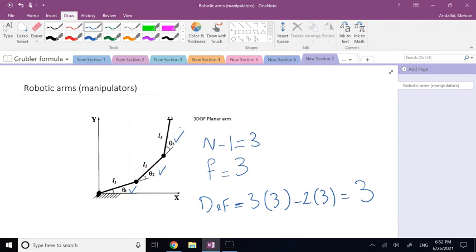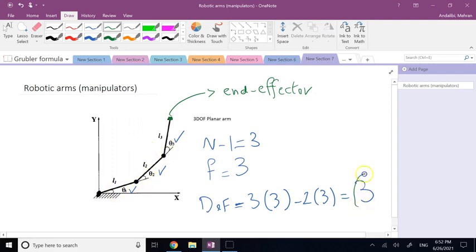So if I want to know the speed of any point, the motion, the position of any point, let's say the most important point of the robot, this point, which as you know in robotics we call the end effector. If I want to know how fast the end effector is moving, I need to know how fast each one of these 3 joints is rotating.